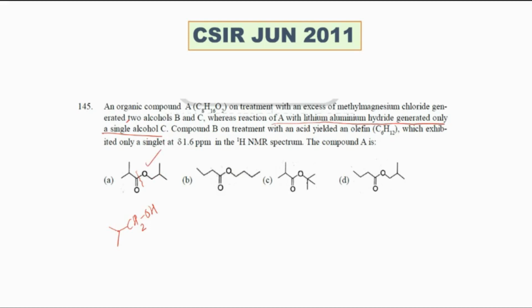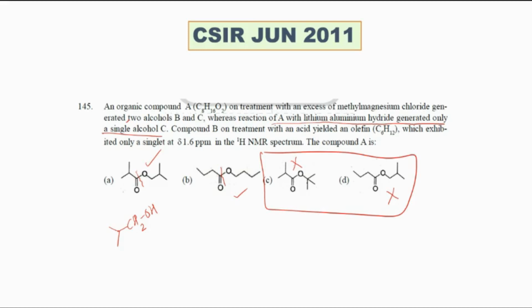Similarly, if I reduce this, I'll have CH3, CH2, CH2OH, so 4 carbons: 1, 2, 3, 4. Likewise 1, 2, 3, 4. So this one also gives it, but this one will not give me the same single alcohol. So straight away I eliminate C and D. So I can rule out options C and D.